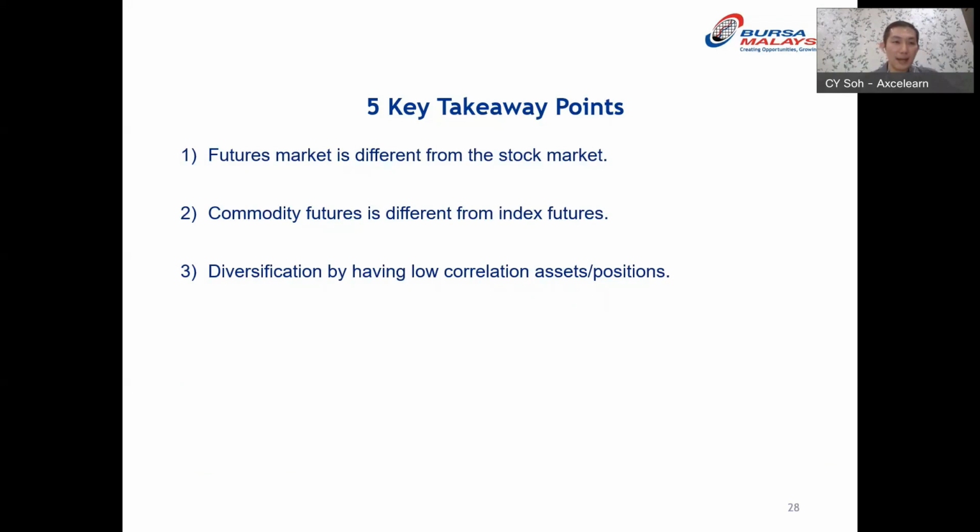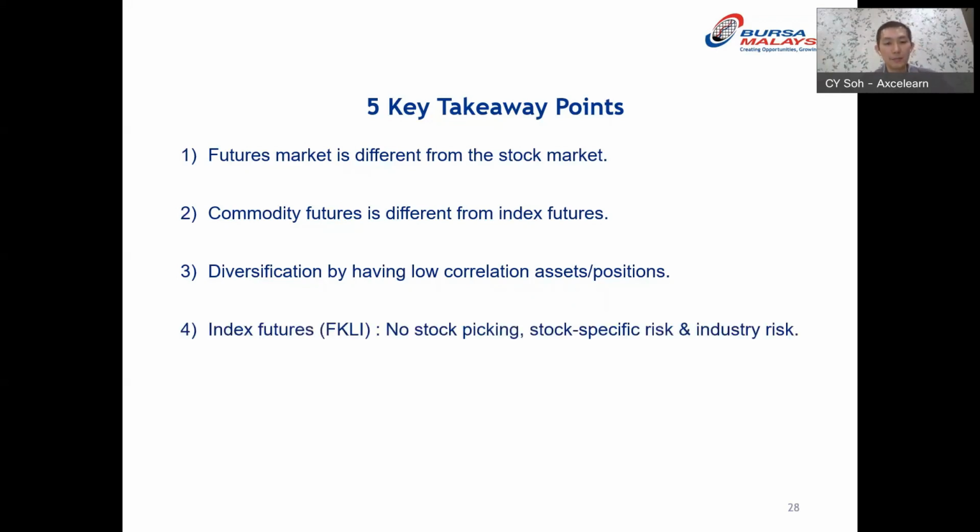You can add a very, very low correlation product into your portfolio to diversify even further. Number 4, index futures for FKLI, you can still trade, because you don't have to do any stock picking or face all of those risks from the stock market.